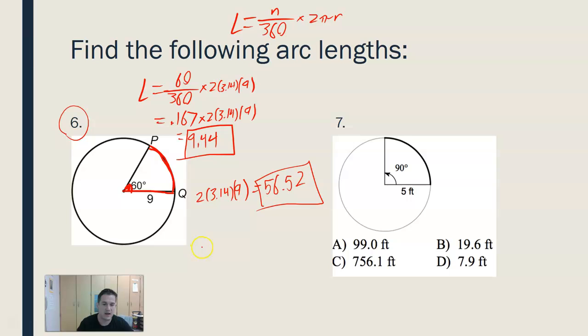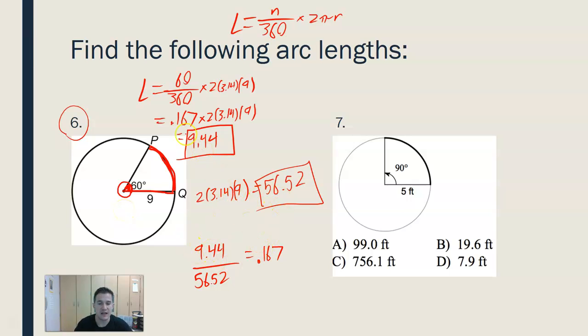Just for fun, we're experimenting: I'm going to take 9.44, which was the arc length, divided by 56.52. That is 0.167. So 60 degrees was 1/6 of the inside of the circle, because 60 degrees is 1/6 of 360 degrees, or 0.167.